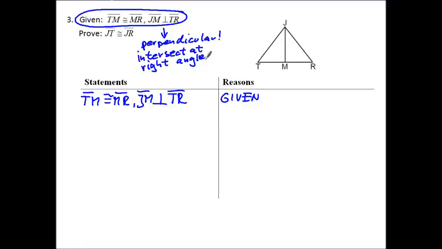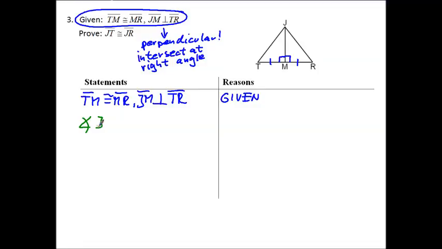Very good. Then let's mark what we actually have in our diagram. TM is congruent to MR. JM is perpendicular to TR, and that means that this is a right angle, and so is this.